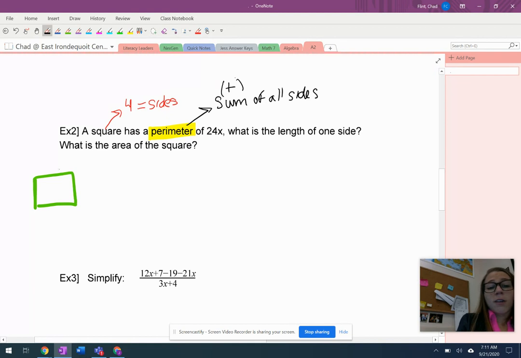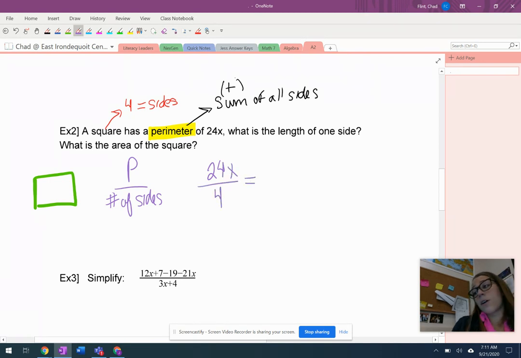So if I added all those sides together and got 24x, and they're all the same, I can take that perimeter and divide it by the number of sides, which in this case is 4. So 24x divided by 4, well, 24 divided by 4 is 6x. So that means each side is 6x.